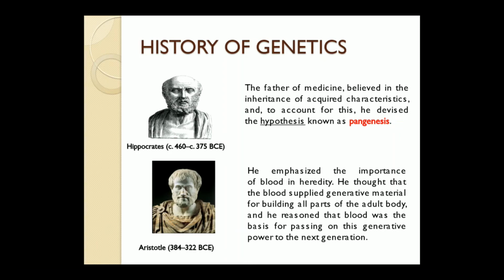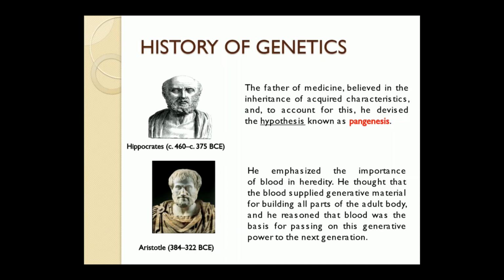After that, Aristotle emphasized the importance of blood. Still now, we love to emphasize terms like in the blood or blood relation, bloodline, and that actually comes from the concept of Aristotle.